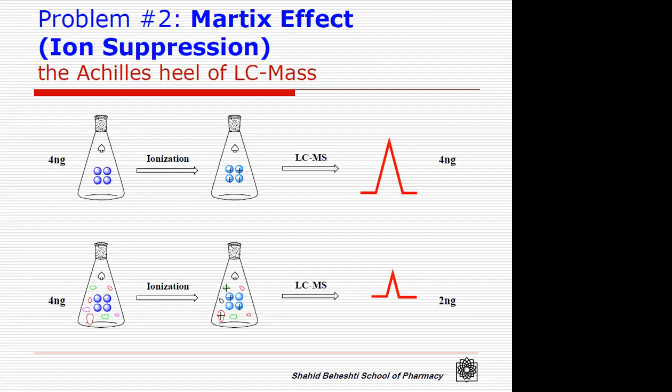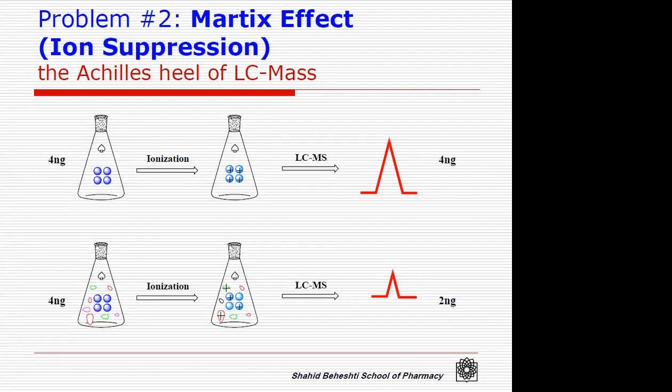But the point is that when we have other components together with our target compound, the protons that we provide in the sample are used by all of them. And actually the compounds compete with each other for ionization based on their proton affinity. If we have a compound in the mixture which has higher proton affinity than our compound, then they are going to get ionized, and our compounds are not efficiently ionized.